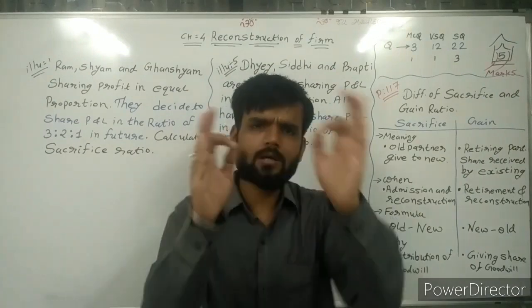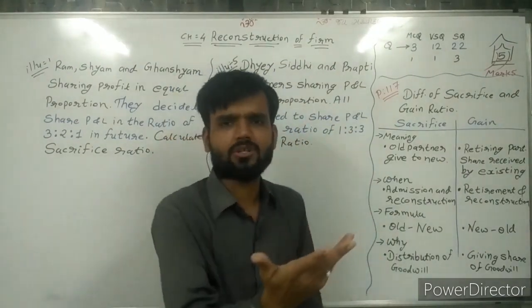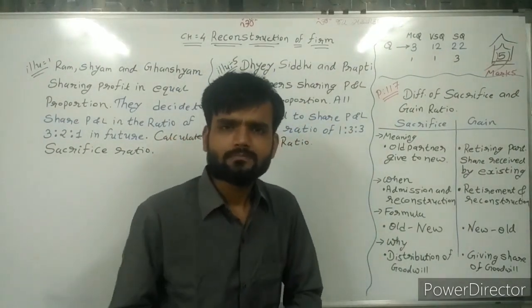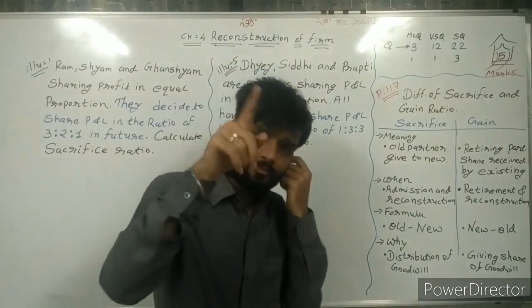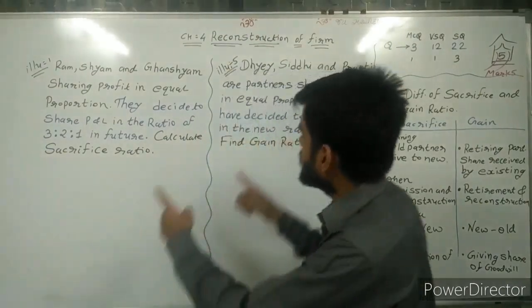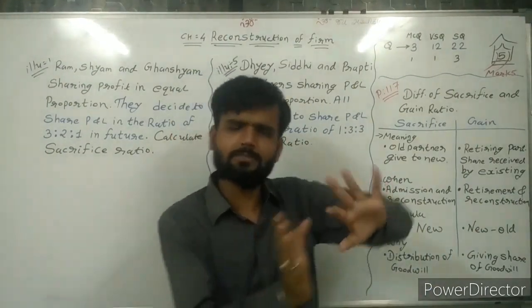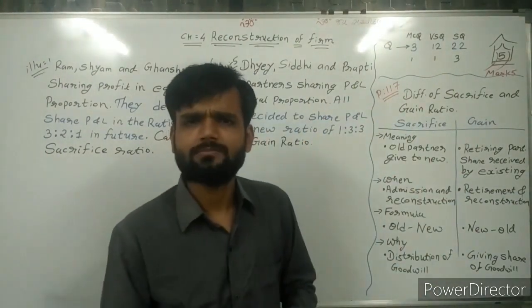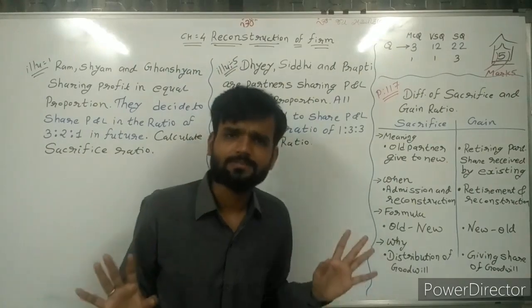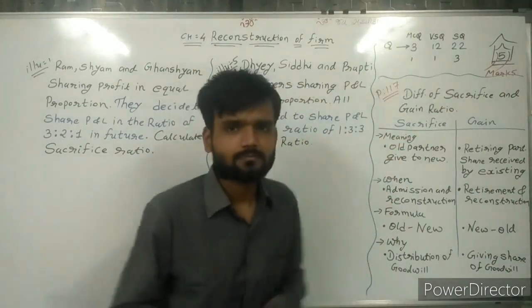Generally, the sum asked in the examination is very easy. From that, we are taking 2 sums here, and generally these 2 types of sums can be asked in the examination. So this is the easiest chapter to get 3 marks.